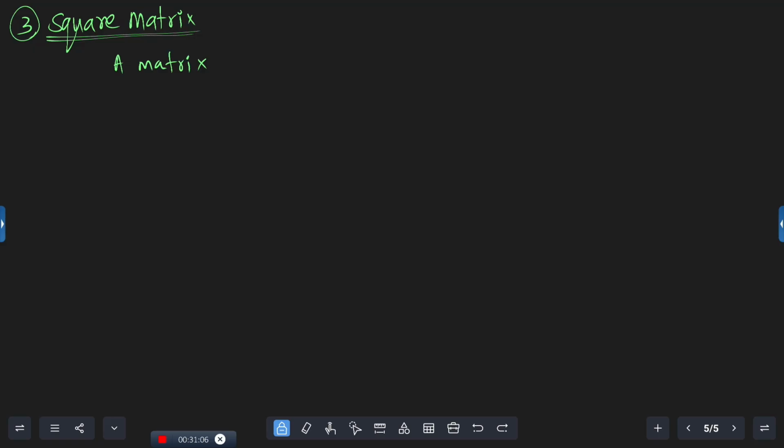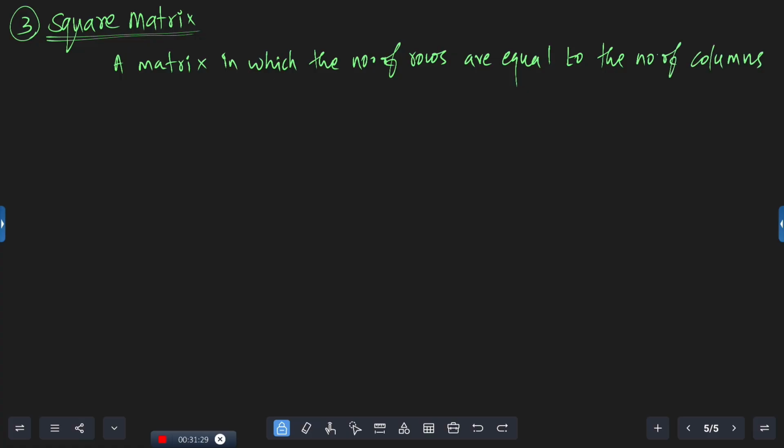A matrix in which the number of rows is equal to the number of columns is called a square matrix. So the important note is: if the number of rows and number of columns are equal, we can say it is a square matrix.